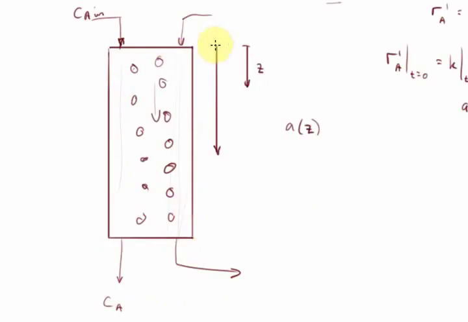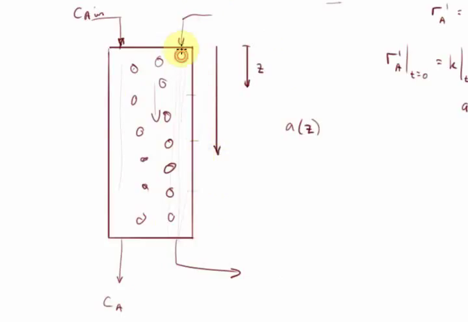So we could count our distance down the tube in terms of Z, or we could count it in terms of the mass of catalyst. And we assume that our catalyst is moving quite regularly through here. So if we say, okay, for 1 kilogram of catalyst, there's going to be a certain Z position, and then for 2 kilograms of catalyst, there's a certain other position, and so on.